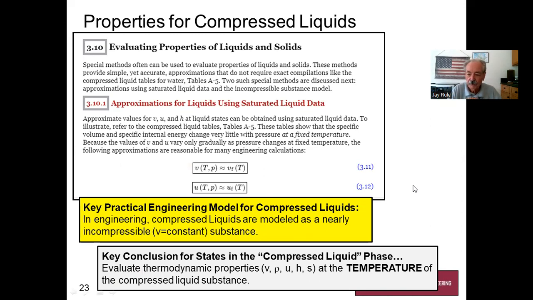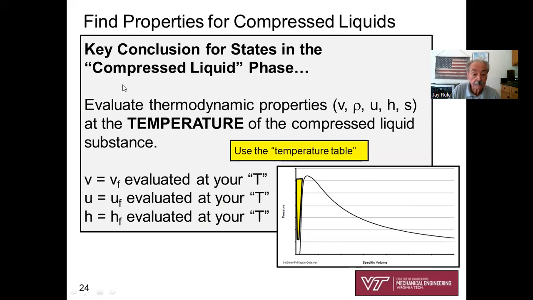Functionally, what does that mean? I'm going to go to the next slide to show. Here are some equations. The internal energy for any temperature and pressure for a compressed liquid is about equal to U sub F at the temperature of the liquid. See that squiggly equals. That's exactly what we're going to use, and I'm going to try to drive it home. I've got another slide in bigger font. For a compressed liquid phase, here's our phase, this yellow shaded area.